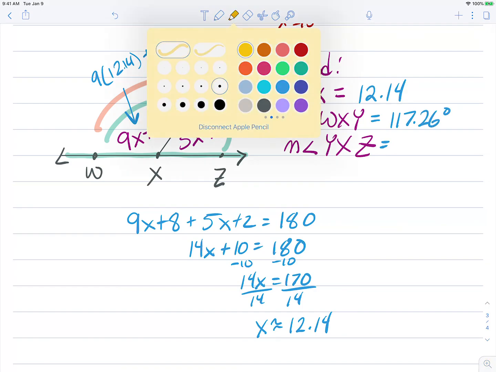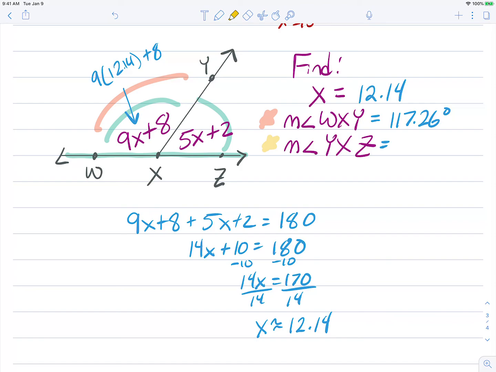And then for my other angle, angle YXZ, that's going to be this angle over here. I'm going to do 5 times 12.14 plus 2.